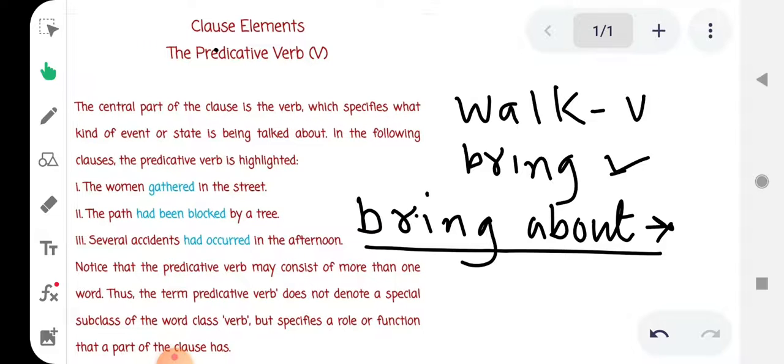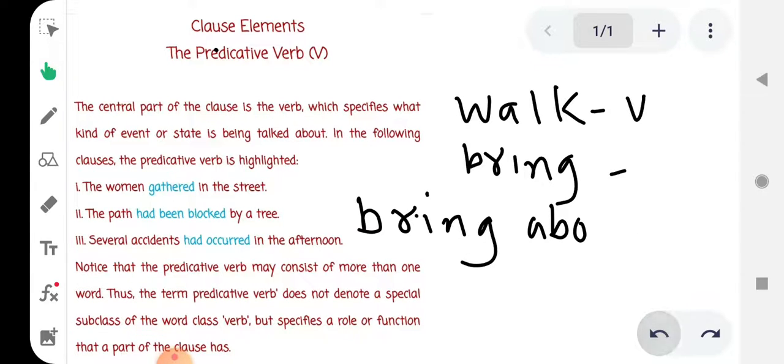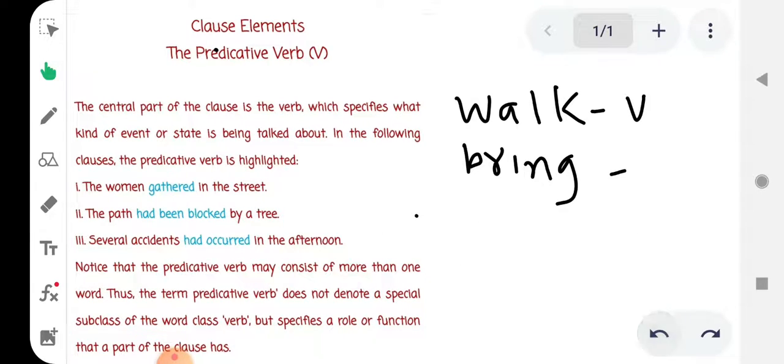It indicates whether it indicates the progressive aspect, perfective aspect, passive, or negative. So accordingly the number of words in the verb changes, or sometimes it is accompanied by a preposition and the number also changes.